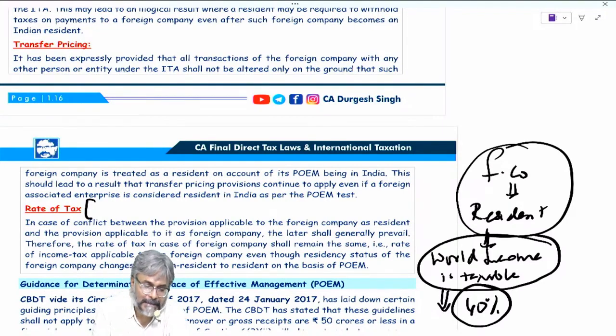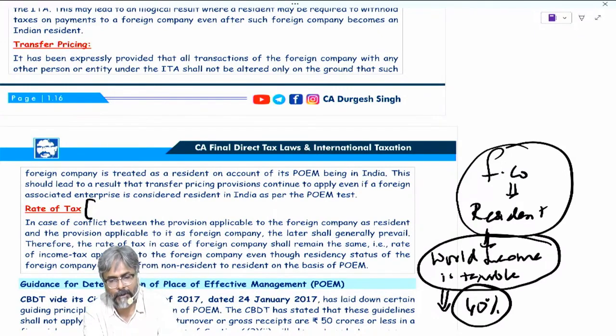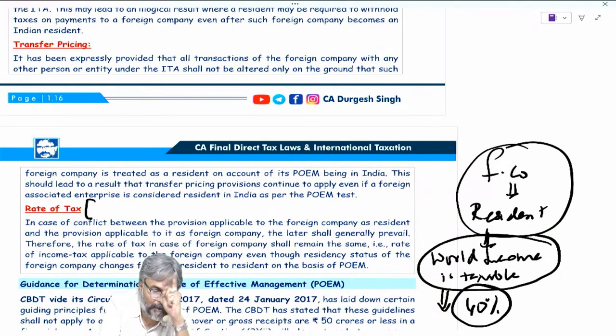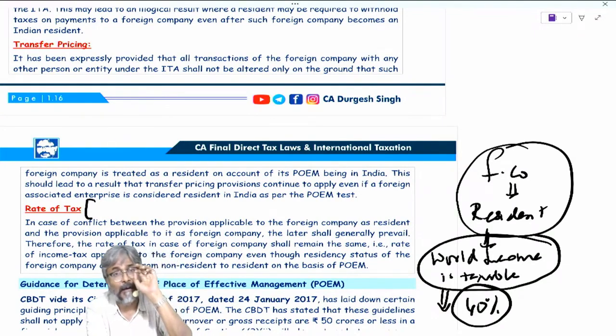It does not mean that it becomes a domestic company. Because many people will think, okay, sir, it has become a domestic company. No, it doesn't become a domestic company just simply because its POEM is in India. It continues to remain a foreign company. I hope that all of you are clear with this one, friends.